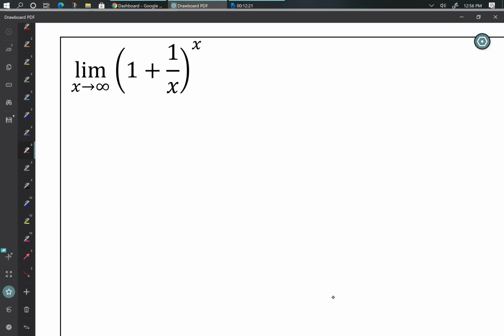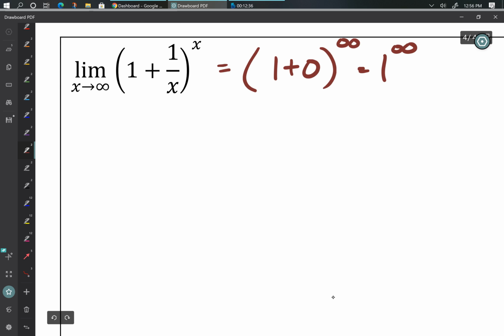Now, if I attempt to apply direct substitution, well, what do I get? I get 1 plus 0 to the infinity, or 1 raised to the infinity. Well, what the heck does approaching 1 raised to the approaching infinity mean? I don't know.